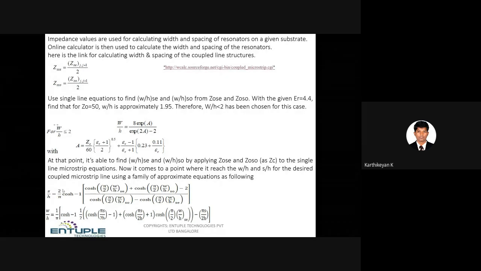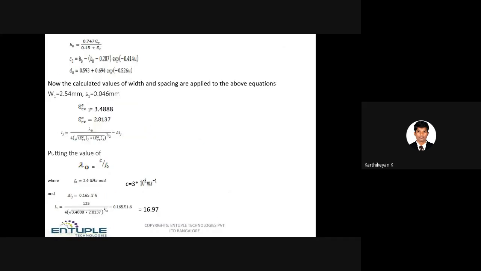So the spacing and width we have to calculate initially. After calculating the spacing and width, we have to calculate the length of each resonator. For finding the length, this is the formula you can see here. These are all theoretical formulas. You can just take this length equation, or you can substitute the values.